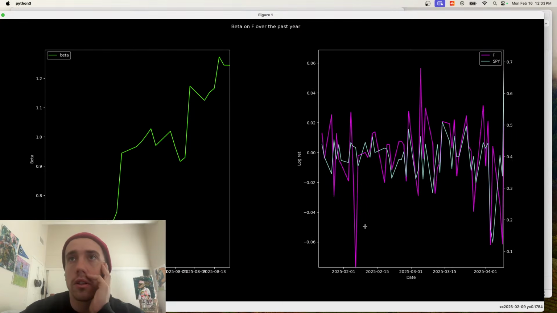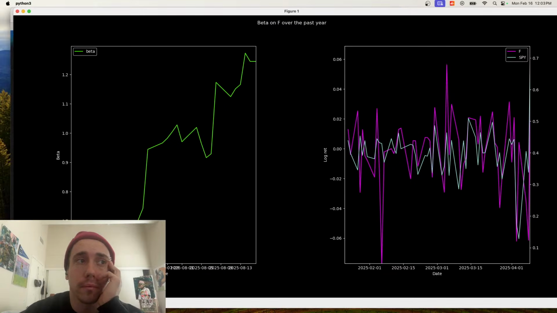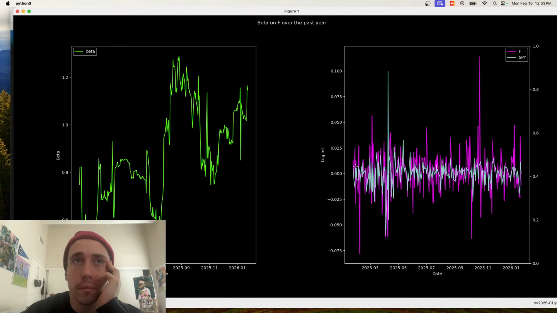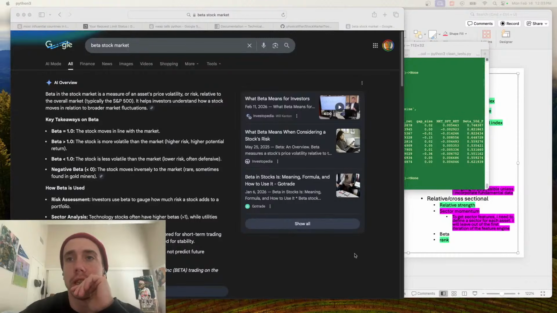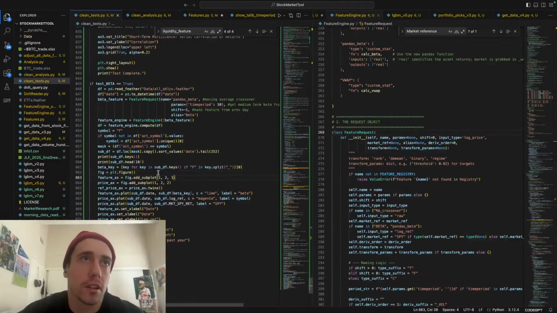Well, over this region, it's certainly less volatile. Oh no, it's more volatile. Okay, let's make them share the same x-axis.